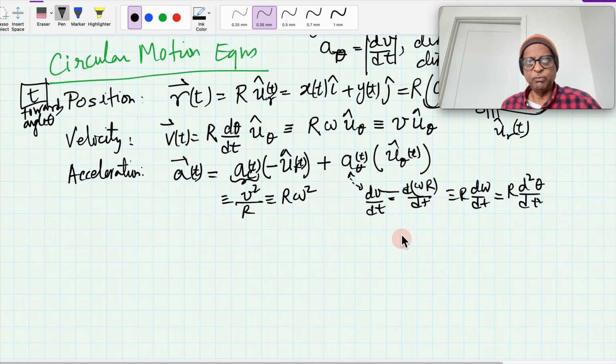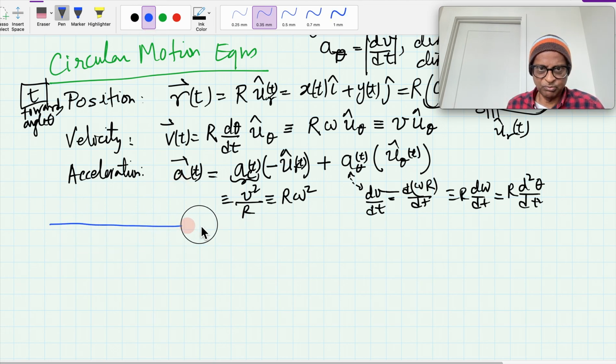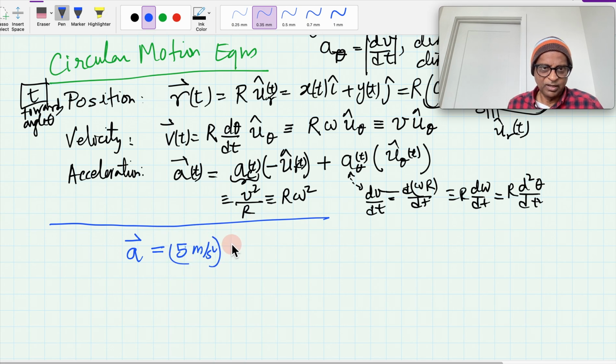I'm not going to do any problem this session, but the next session I'm going to do some problems. So say you have a problem where the acceleration has some magnitude, 5 meters per second square, and it is pointed in the radial direction, inward. Given this, I know what this looks like.